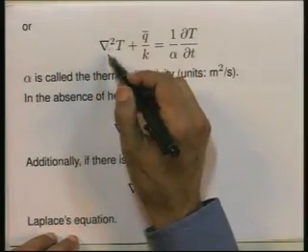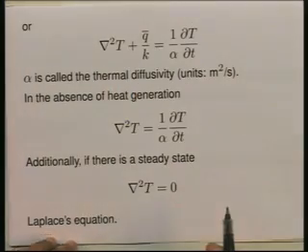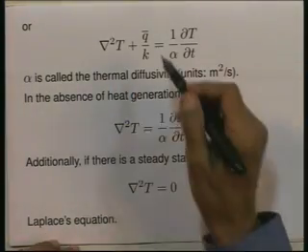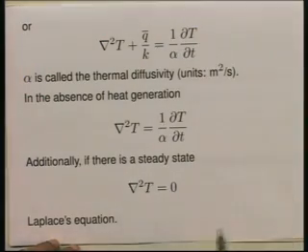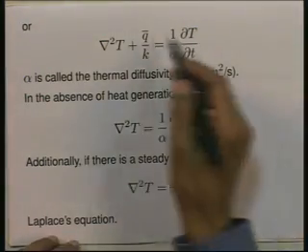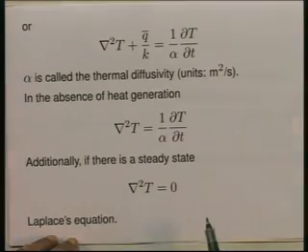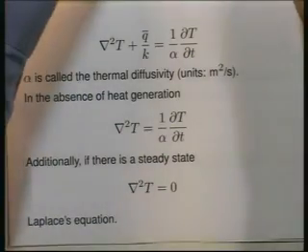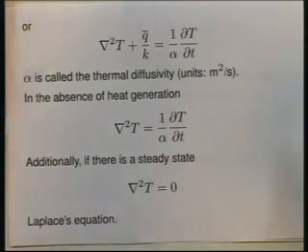Let me for a moment express it in another way symbolically. Very often the quantity d2T/dx squared plus d2T/dy squared plus d2T/dz squared is written in this form. This is called the Laplacian, del squared T plus q bar by K equal to 1 upon alpha dT/dt.